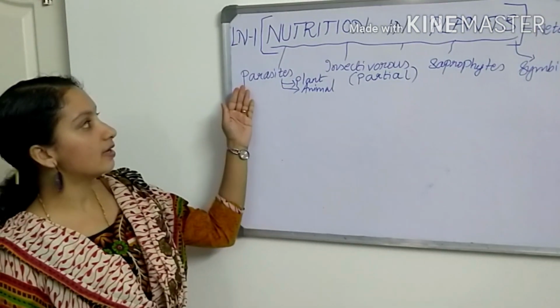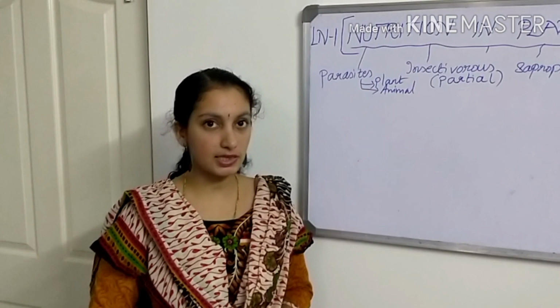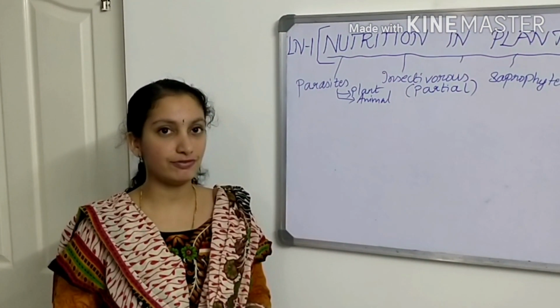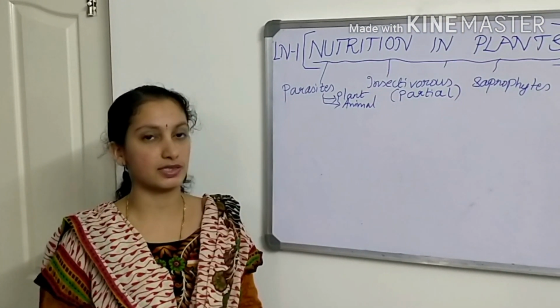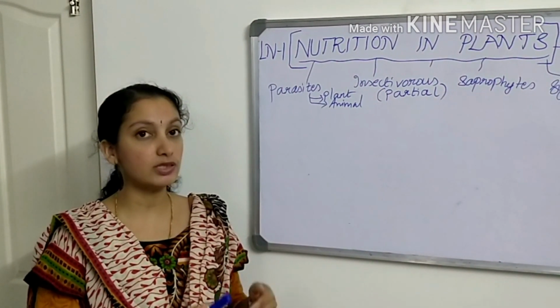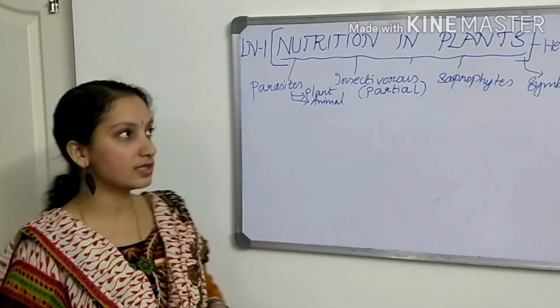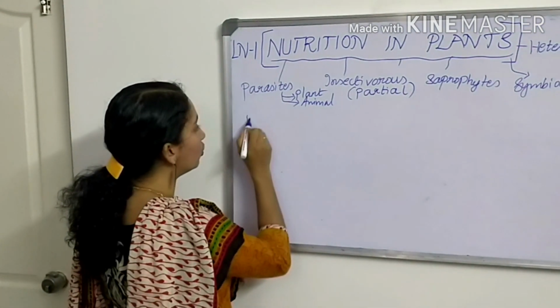The first one is parasites. Who are called parasites? Those deriving food from others. So one group of organisms which can produce food by their own by the mechanism called photosynthesis are called host.